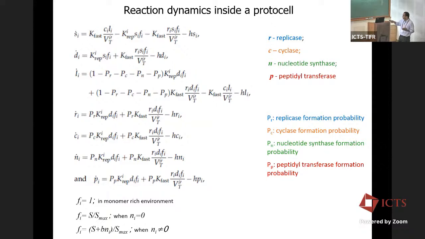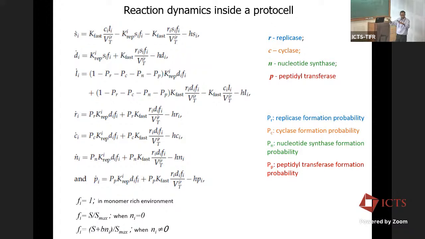So what we did was to set up these equations. They look quite complicated, but what they are essentially saying is the rate of change in the number of a chemical species depends on the way in which that species can be produced from something else, the way in which it can get converted to something else, and the way in which it can degrade.